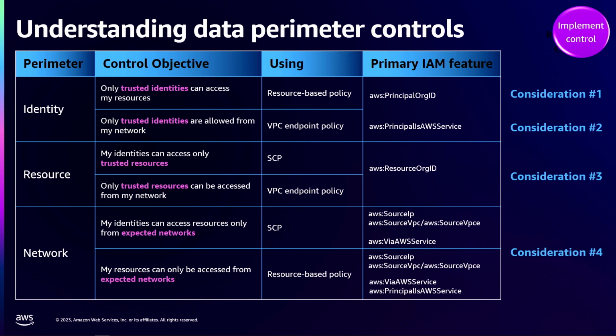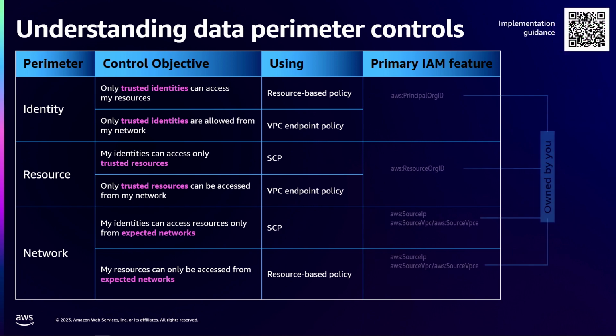And on the right side of the table, I mapped to the security considerations that we talked about. For instance, if you remember, consideration 1 was related to unintended access to your resources after that resource policy was misconfigured to allow public access. So you see that you can mitigate that risk using principal org ID and principal is AWS service in the resource-based policy to ensure that only trusted identities can access your resources.